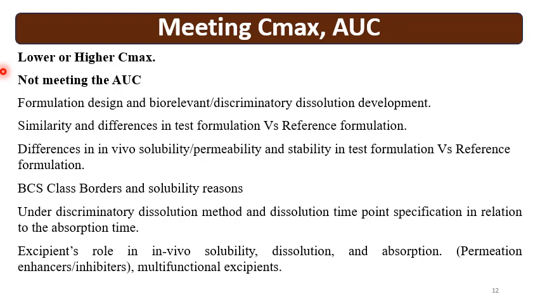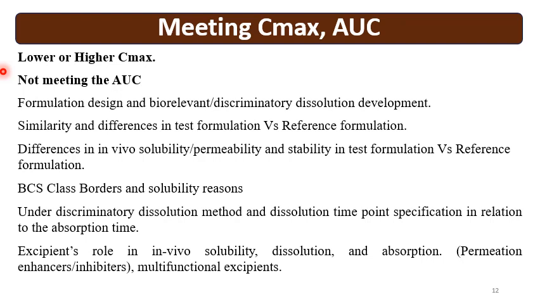Then if there is a difference in the in vivo solubility or permeability of the API used in the test formulation and in the reference formulation, then obviously it will impact the Cmax and AUC. For example, if the innovator or reference product uses the crystalline API and the generic product uses the amorphous API, there are chances that the amorphous API will be more soluble compared to crystalline API and the Cmax will be at the higher side.